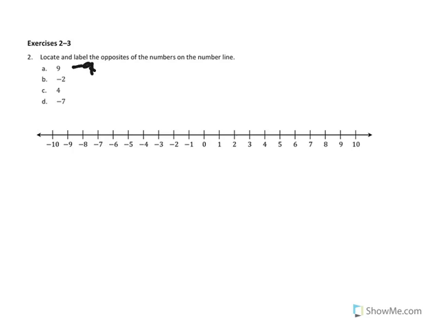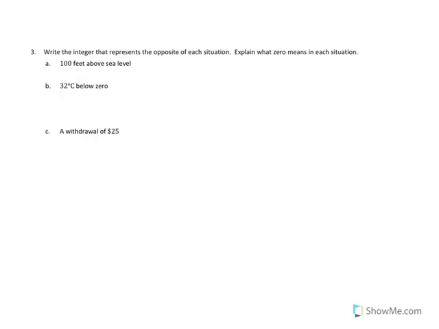And the opposite of negative 2 would be positive 2. And the opposite of positive 4 would be negative 4. And the opposite of negative 7 would be positive 7. Okay, moving on.